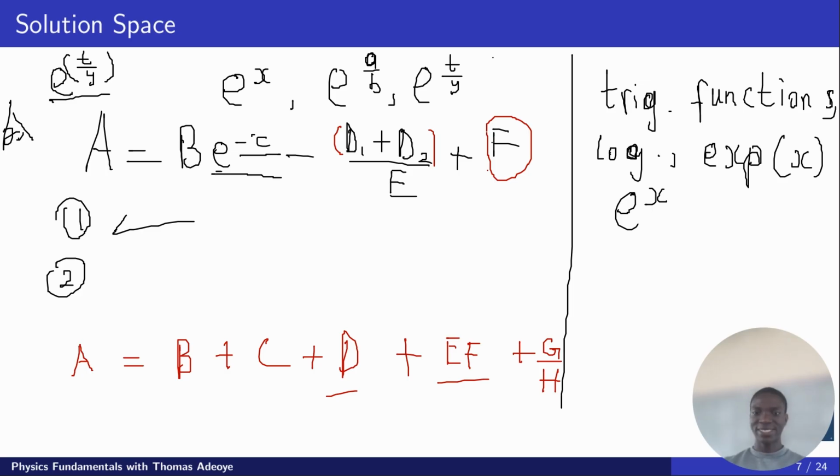What is correct is that F and D1 plus D2 over E have the same dimension. That is, this combined and this have the same dimension. Another thing that is true is that this combined and this have the same dimension. So each term has the same dimension. So yes, this statement is false.